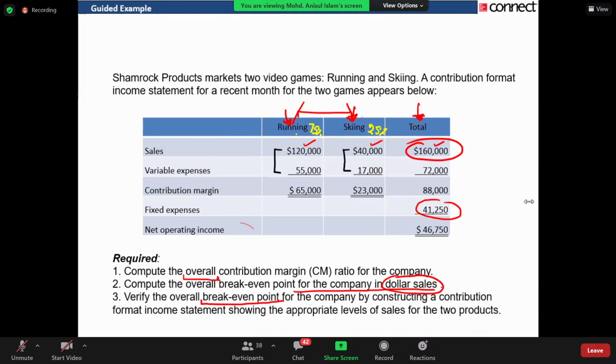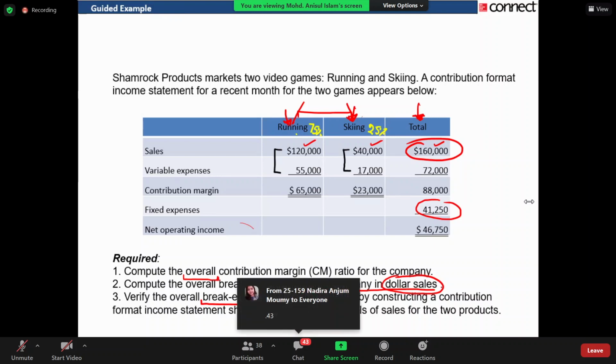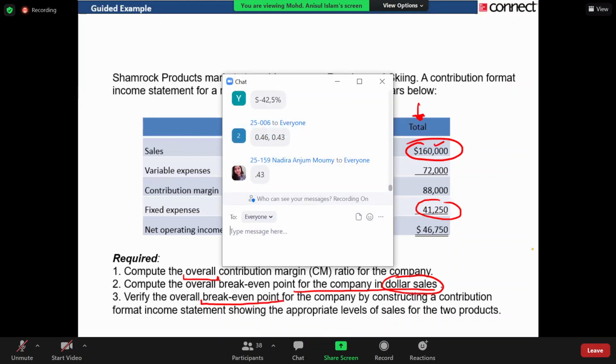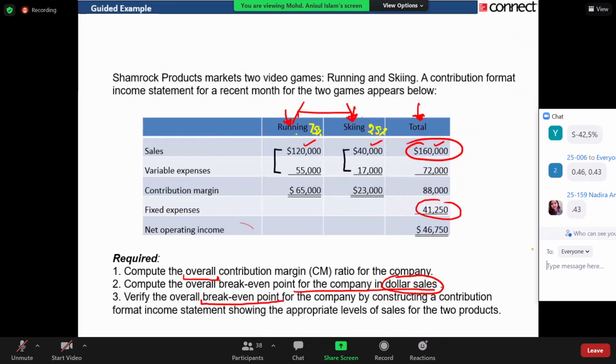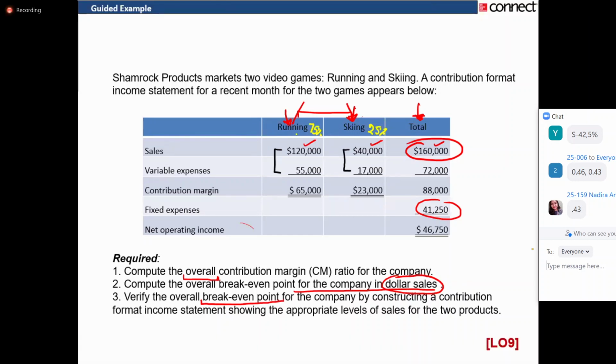Okay, 45.83. I see varying responses. The responses are not uniform. 45.83, is it for running?